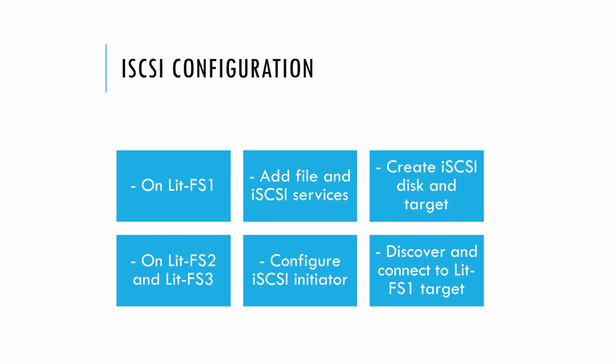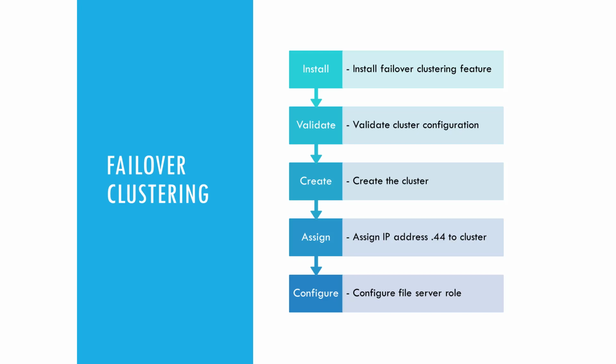And finally, we'll configure failover clustering. We'll install the failover clustering feature, validate the cluster configuration, and create the cluster itself. We'll assign IP address .44 to that cluster and configure the file server role in Failover Cluster Manager.